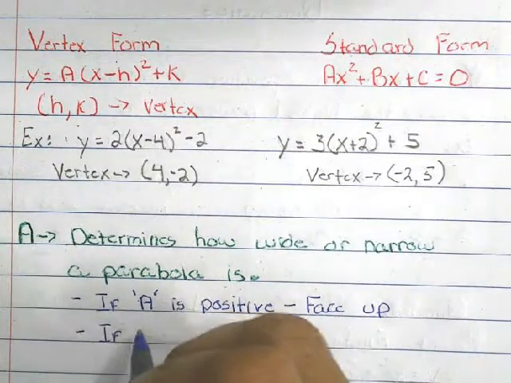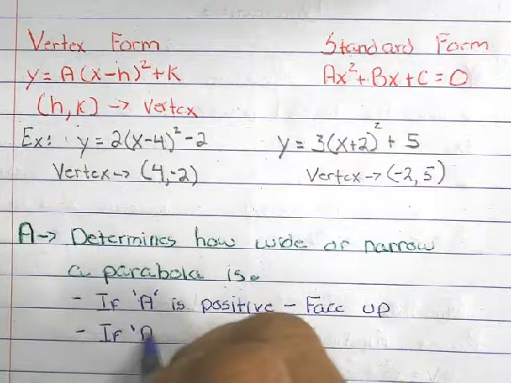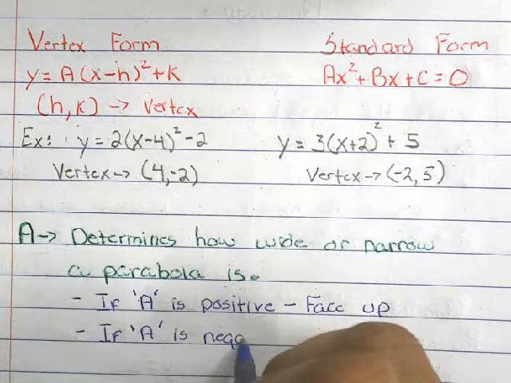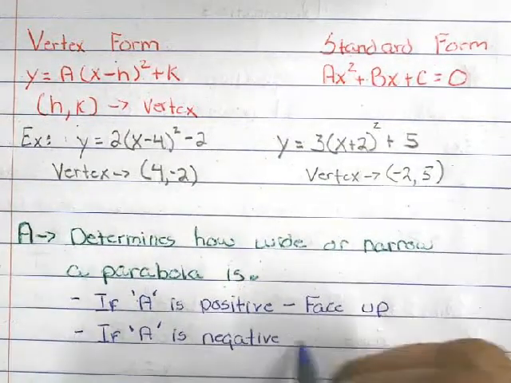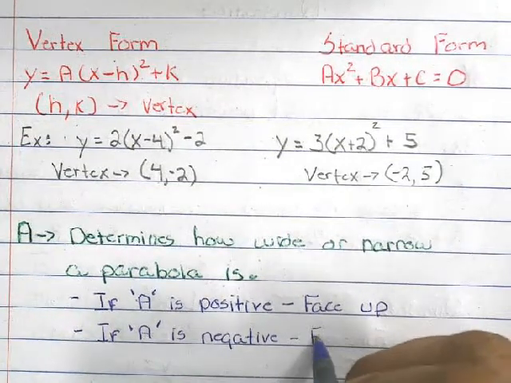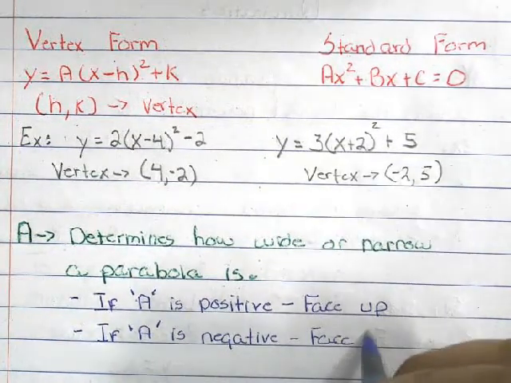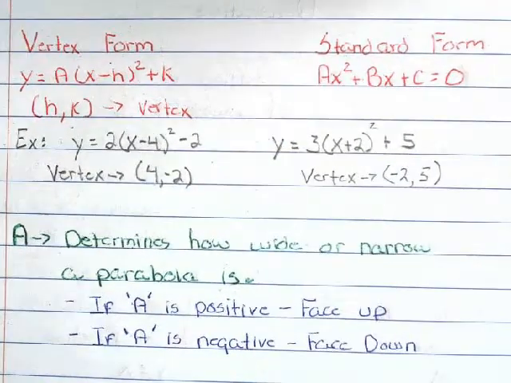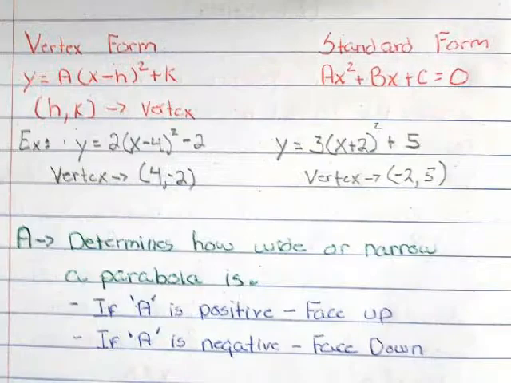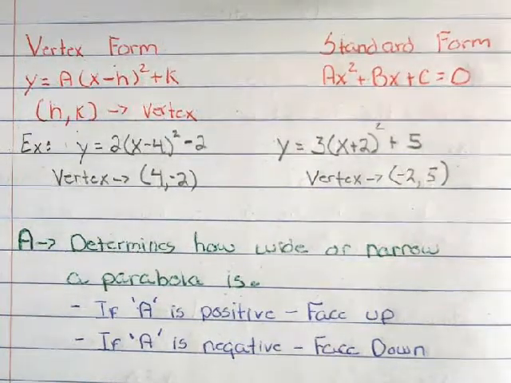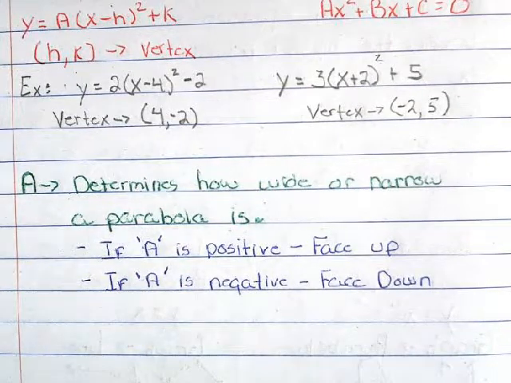If a is negative, the parabola will face down. And I showed you face up and face down when we were talking about the parabolas. That is just one thing that a does.